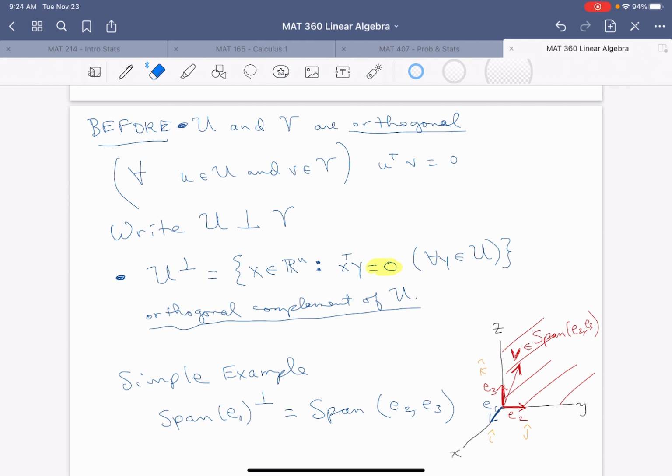And the way we notate that is using the perpendicular symbol. Okay, so again, we talked about that before.